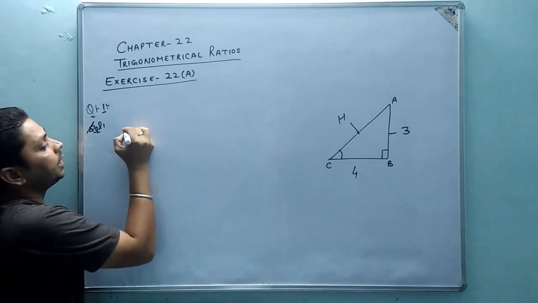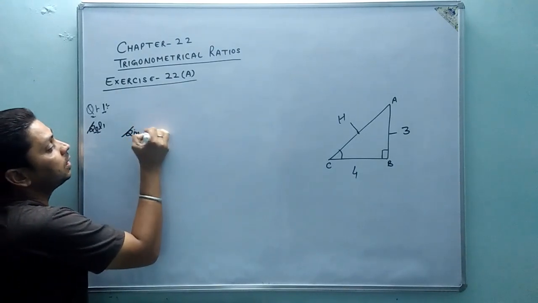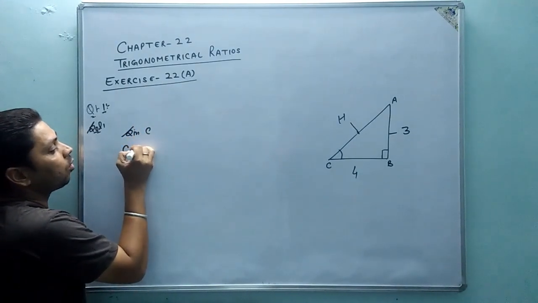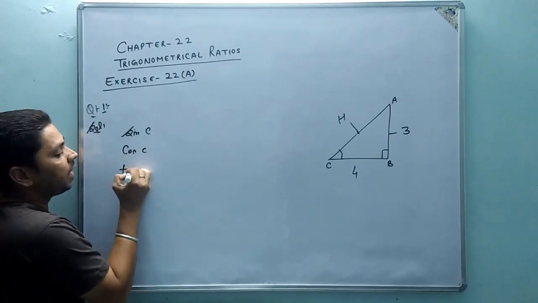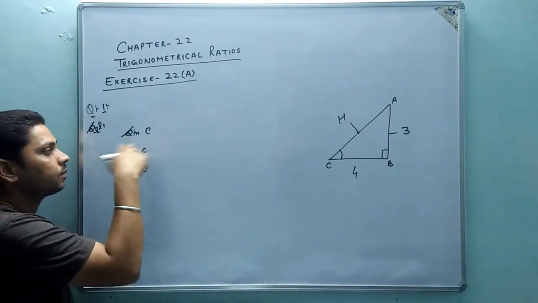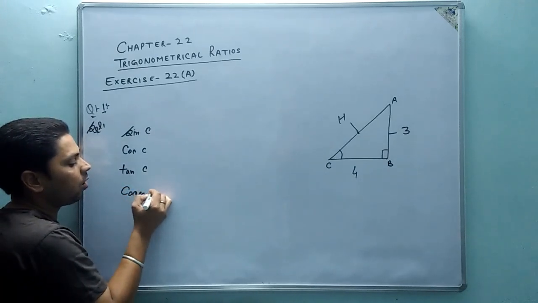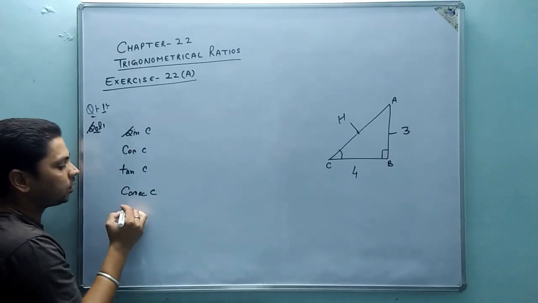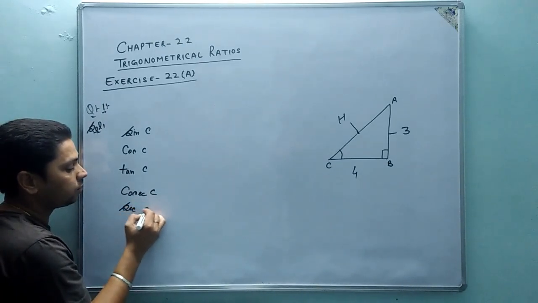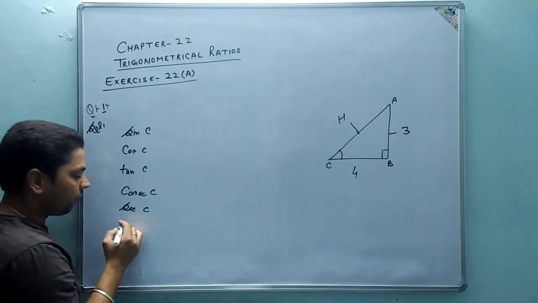We will find all the trigonometrical identities based on C: sine of C, cos of C, then we have tan of C. Then inverse of sine is cosecant of C, inverse of cos is secant of C. What is inverse of tan?